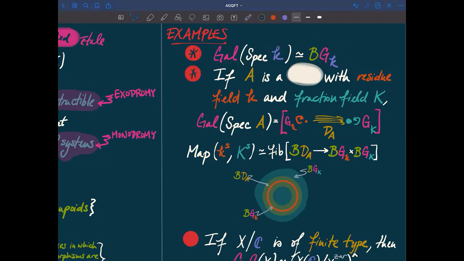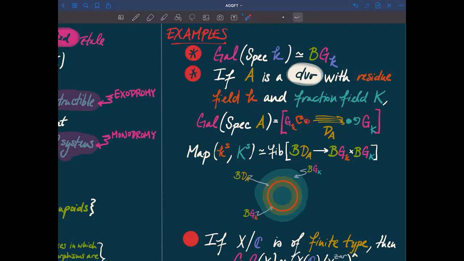Let's now take a DVR A, and let's take one with residue field k and fraction field big K. Then the way this category looks is starting to be a little different. You're going to have two objects up to isomorphism: one corresponding to the closed point and one corresponding to the open point.